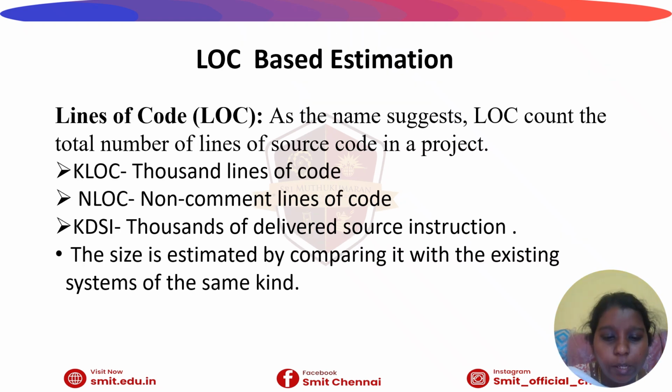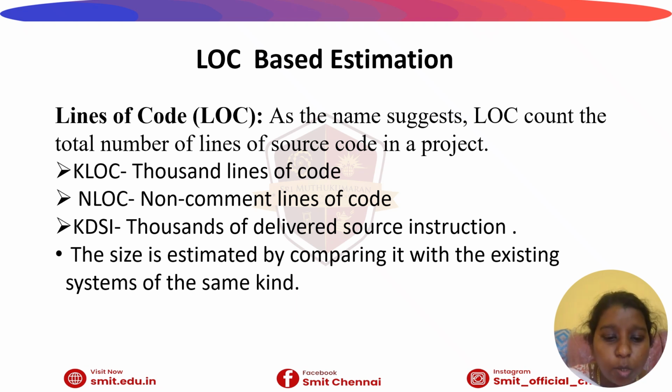The line of code in software estimation is mainly the size estimation, where the size of the software project is measured based on the number of source code lines that are being developed. In short, the line of code may be KLOC, NLOC, or KDSI.